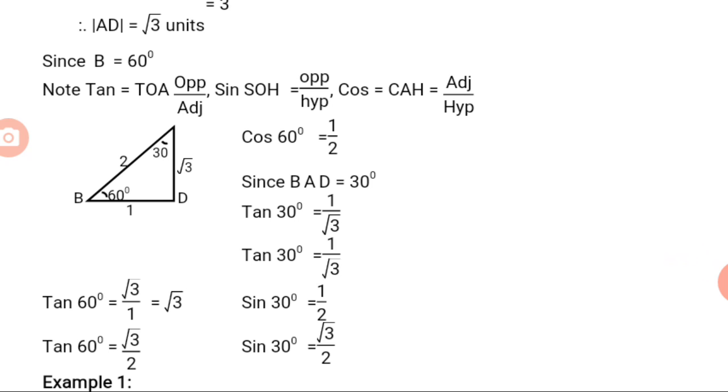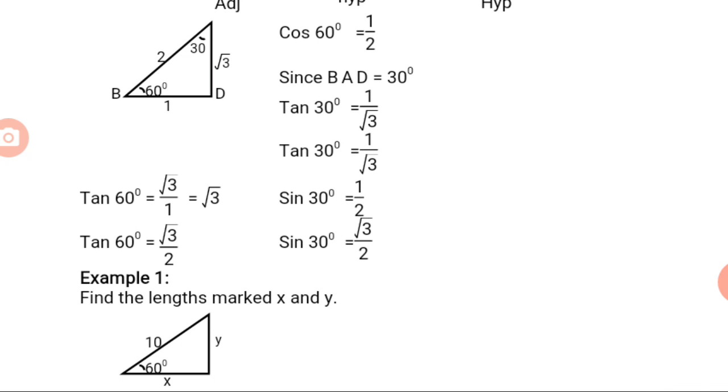The side that is opposite to angle 30 degrees is BD, that is 1, and the hypotenuse is 2. Therefore, sine 30 degrees is 1 all over 2. Is that clear? Can we move forward? So go through it again, inshallah, you are going to get it better.